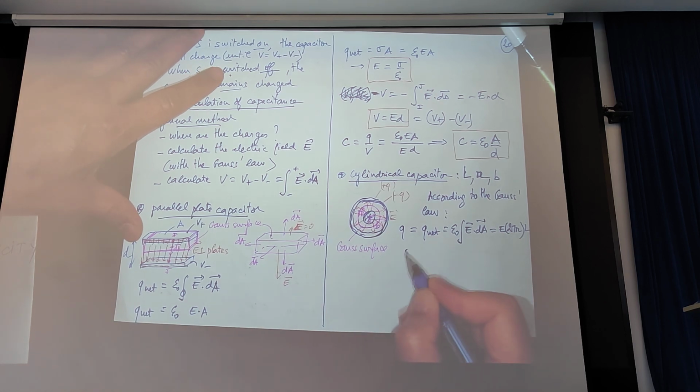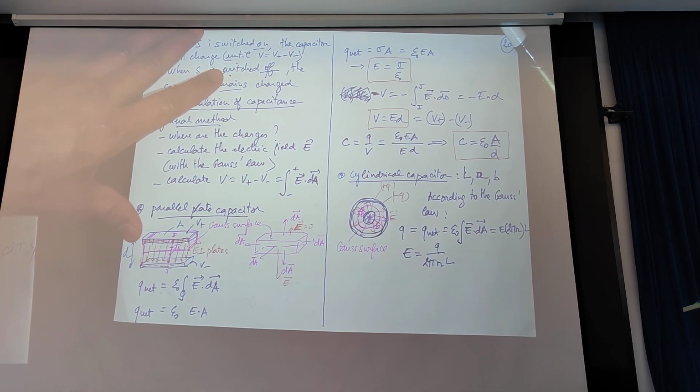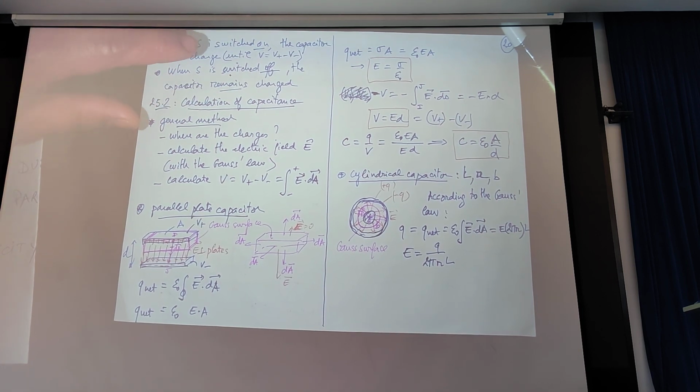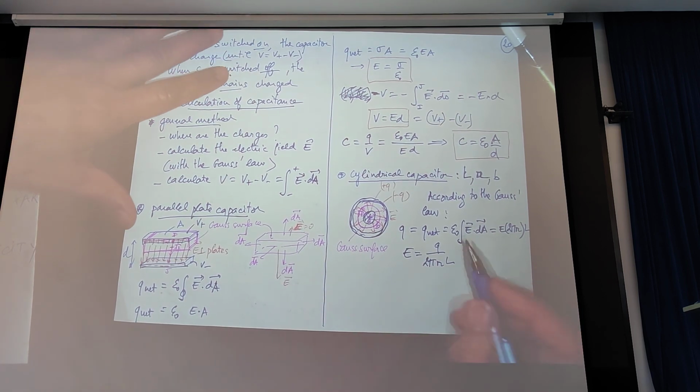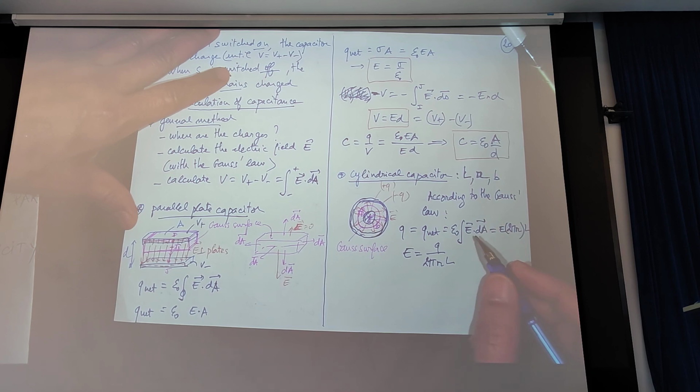So at the end, E equal Q over 2π epsilon 0 R L. Yes, epsilon 0 here. Thank you very much.